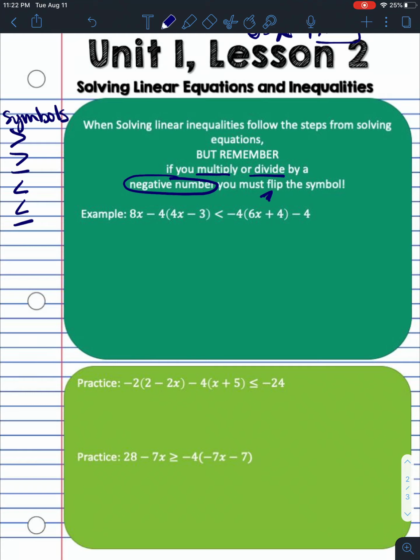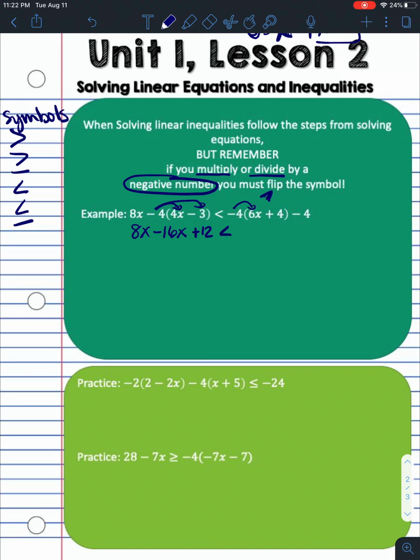Okay, so let's go ahead and work through this. We're going to pretend for most of the problem, until we get towards the end, like there's an equal sign there, and we're going to solve it exactly the same. So our first step, look for parentheses. I see parentheses, so I'm going to go ahead and distribute. We have 8x minus 16x plus 12.